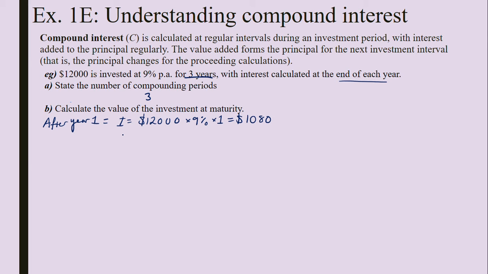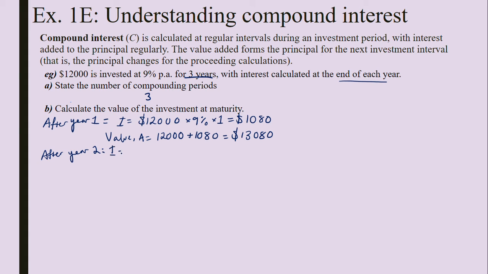Okay, so the total value, A, after 1 year, is that $12,000 plus that $1,080 interest that we've just stated. And that gives us a total at the end of year 1 of $13,080. We repeat the calculation after year 2.